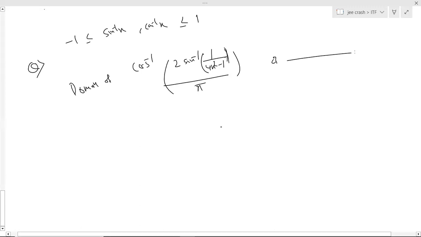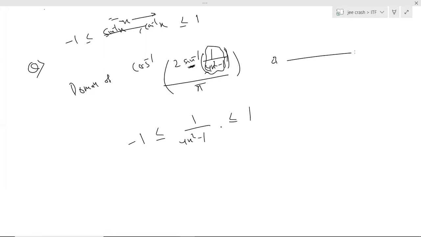All right. So whenever they ask questions about domain, always look at the conditions. We know that sine inverse x should be from -1 to 1, like this. Yes or no? Yes, sir.